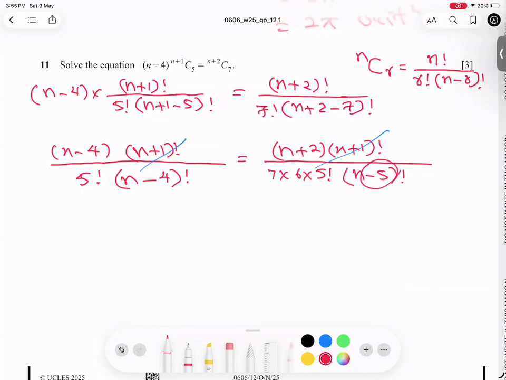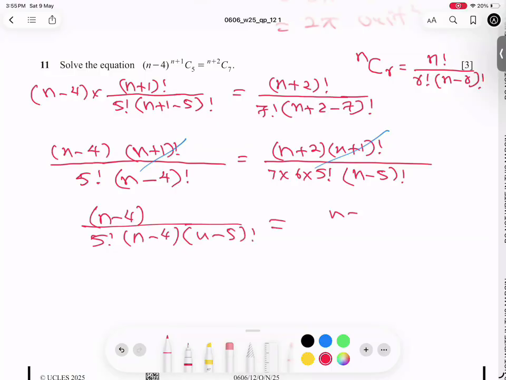n minus 4 is bigger. If I subtract 1, I will get a match. So this is bigger, I'm going to expand it. So 5 factorial into n minus 4, and one less, n minus 5, and stop at the same time with the factorial sign. And here I got 42 into 5 factorial and n minus 5 as it is.